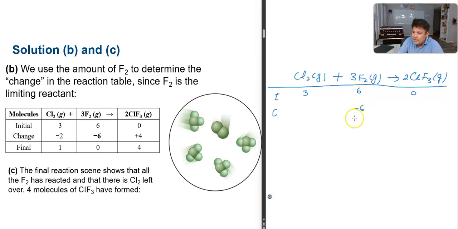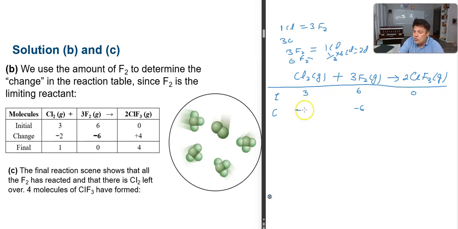They are 6. But 6 fluorine equal to how many chlorines? So 1 Cl2 equals 3 F2, right? You have 3 Cl2, but all of the 3 are not used. 3 F2 equals 1 chlorine, and 6 F2 equals 1 by 3 times 6, which equals 2 chlorine.